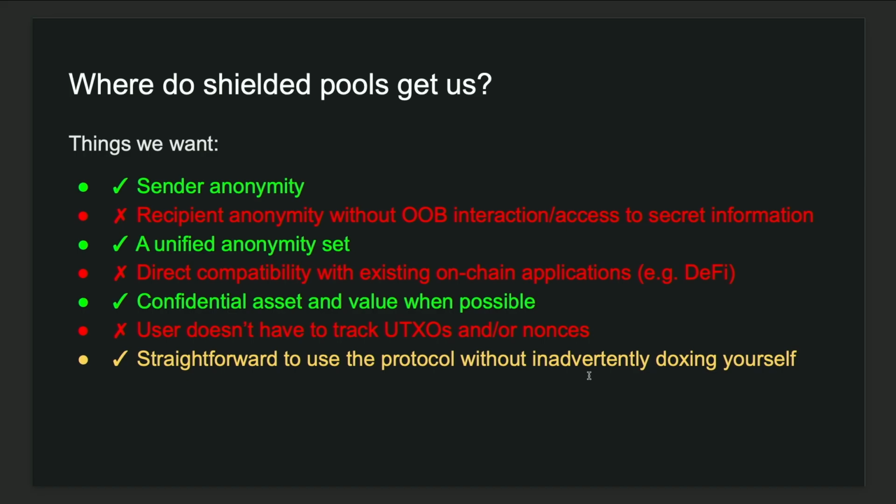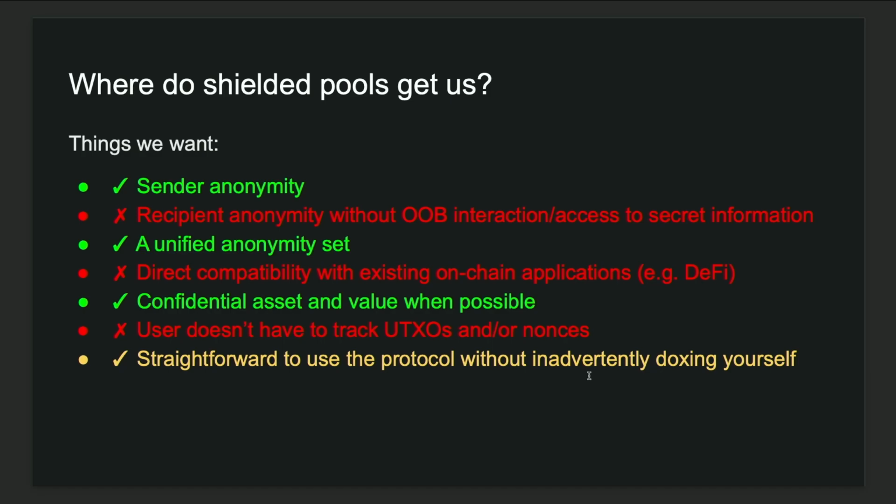It also is relatively straightforward to make the asset and value confidential when you're transferring assets within the pool. But most of these designs on their own don't necessarily have the property that you can just scan everything you need off of the blockchain.